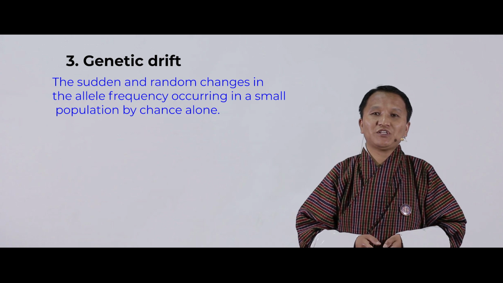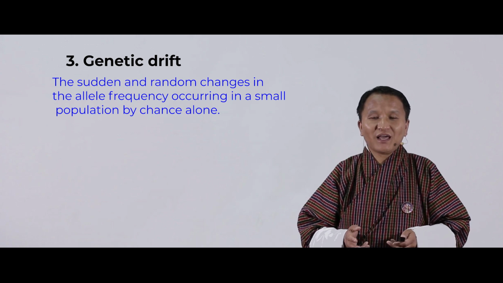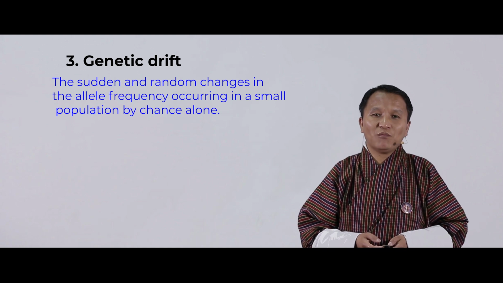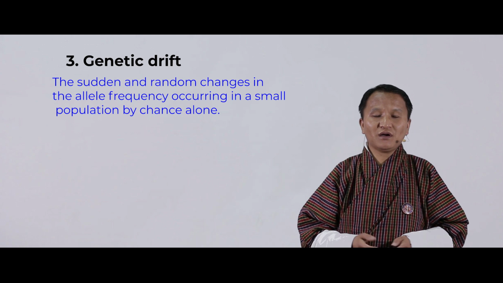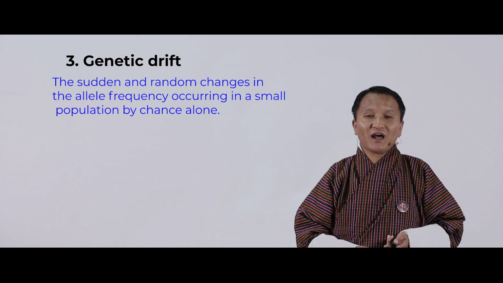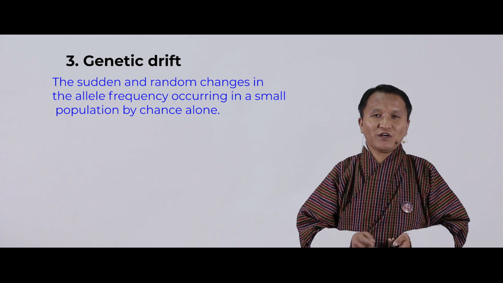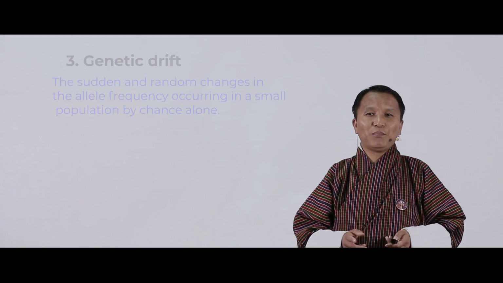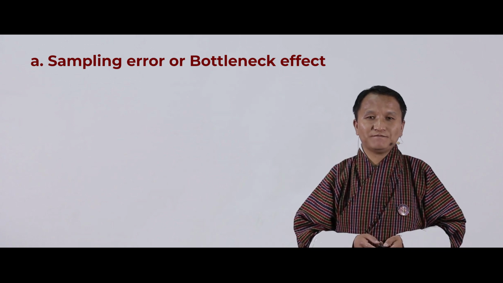What is an allele? An allele, as you know, is the alternative form of a gene, which will determine the characters in the species. There are two explanations about genetic drift. First one, we call sampling error or the genetic bottleneck effect.